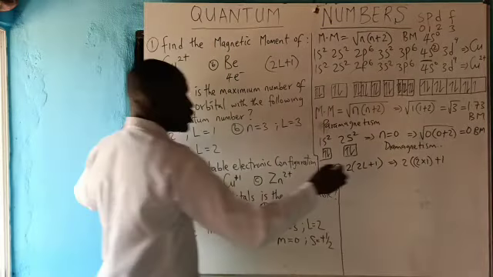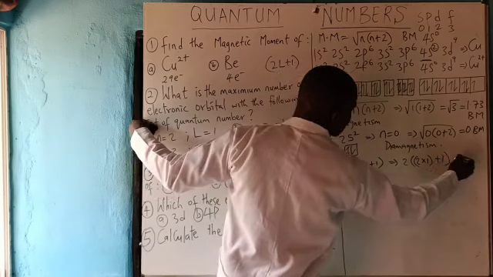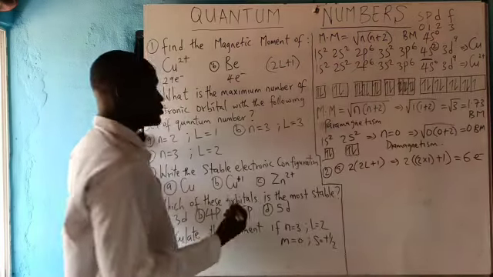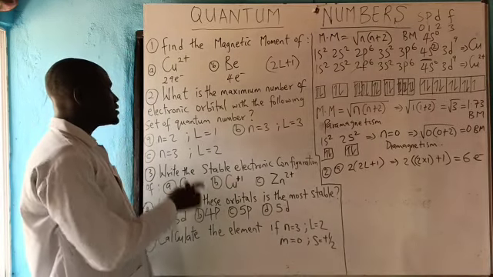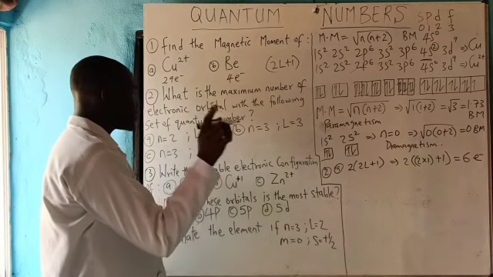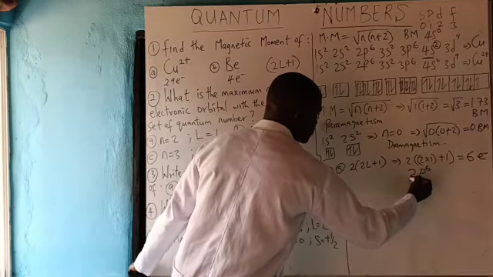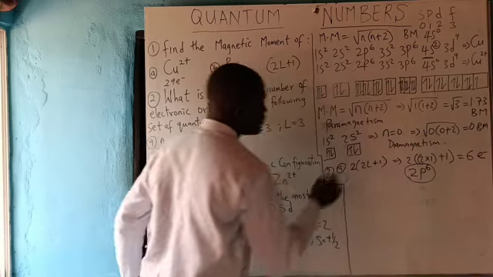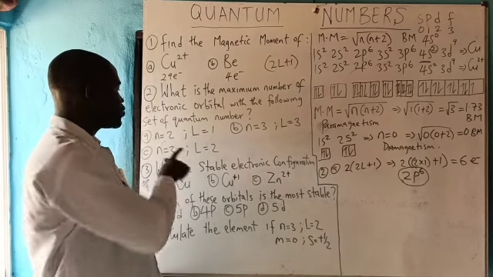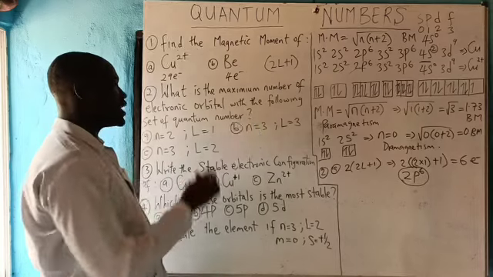And so what will it give you? 2 times 3, 6 electrons. Yes. That means this is talking about the p orbital. That means it's talking about 2p6. This shell is 2p6. That is why we have 6 electrons, where n is 2, p is l equal to 1 and 6 electrons.